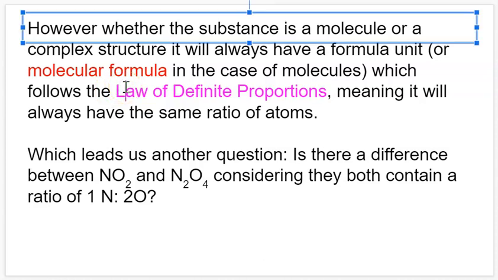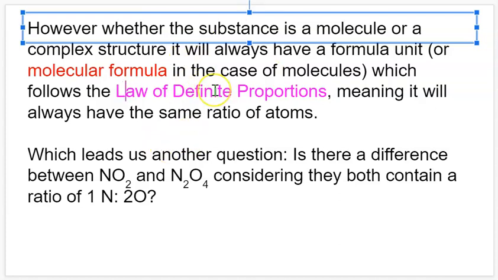So I gave the example CH₄ earlier. That'll be the molecular formula of methane. You have a molecule that has a carbon with 4 hydrogens surrounding it, and that's going to be the smallest divisible part of it that can exist on its own without the complex structure.